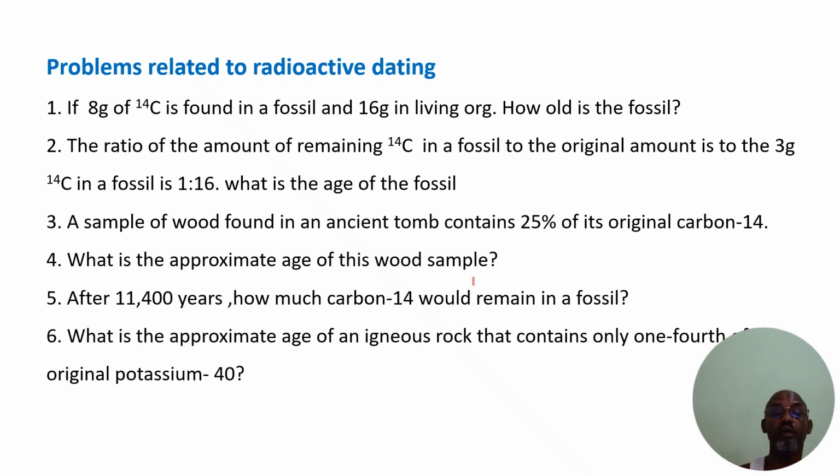Simply the ratio, the amount of remaining carbon in a fossil to the original amount, is 1 to 16. Now we have 1, the original is 16, a 1 to 16 ratio. What is the age of the fossil?